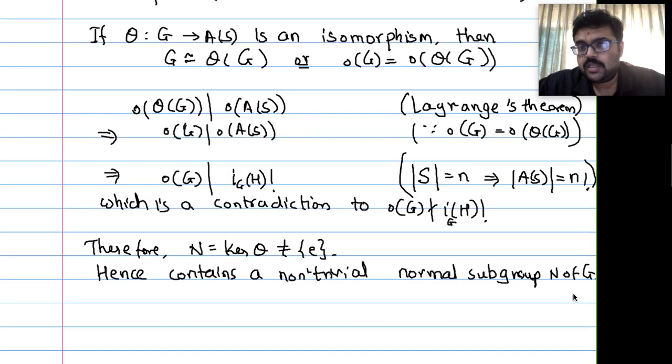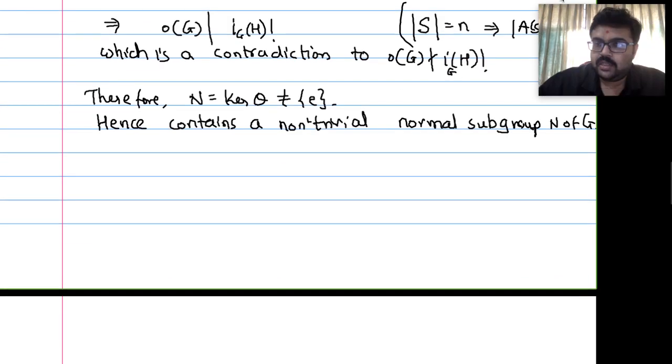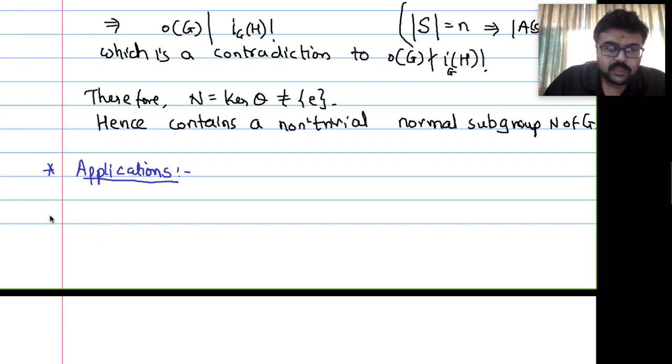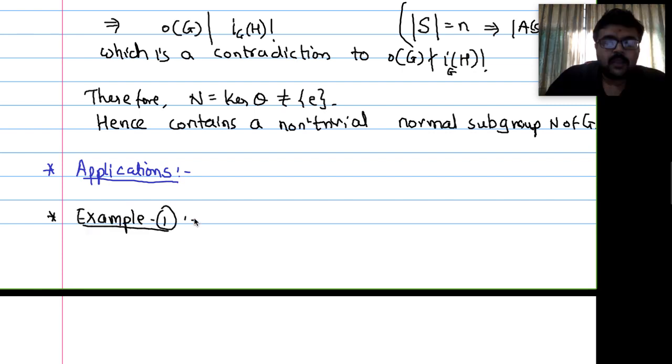Okay, so now let us consider some applications, as I said. As an application of the above corollary, we discussed two examples here. So let us take example 1. Suppose G is a group of order 36.